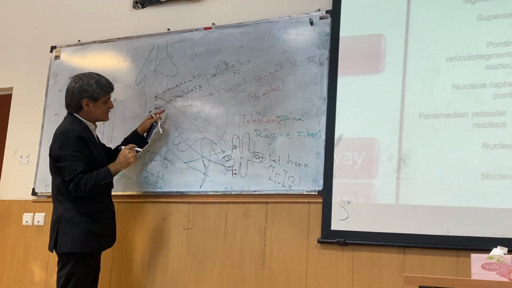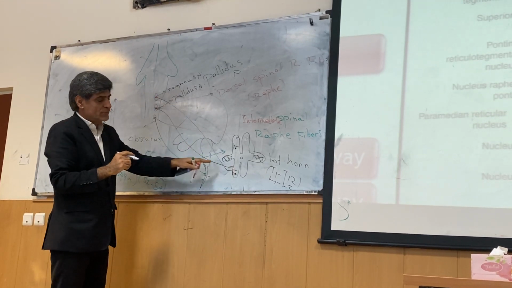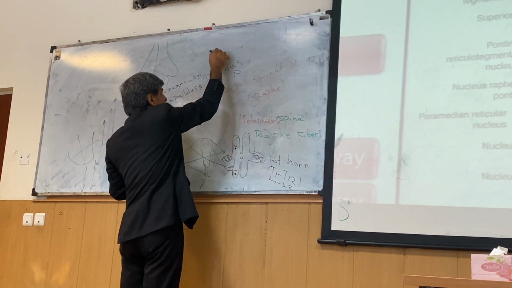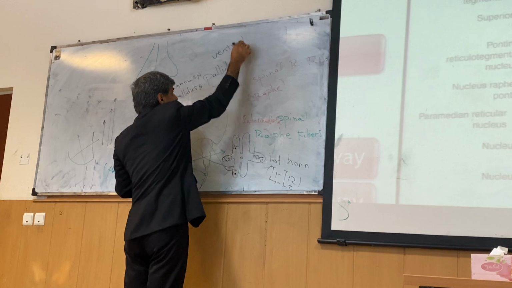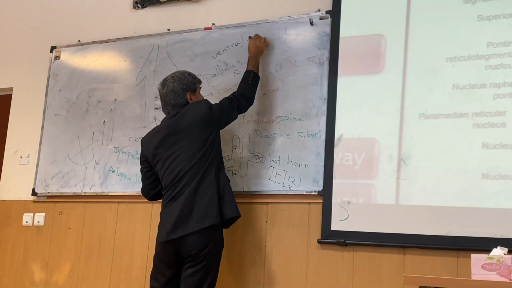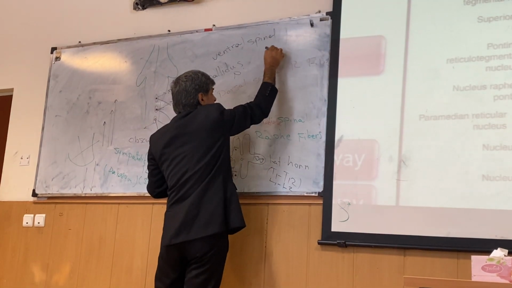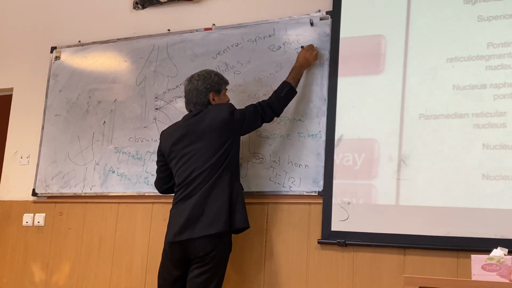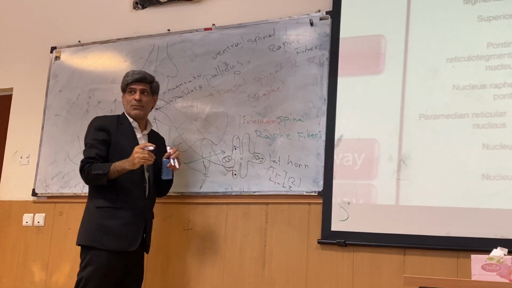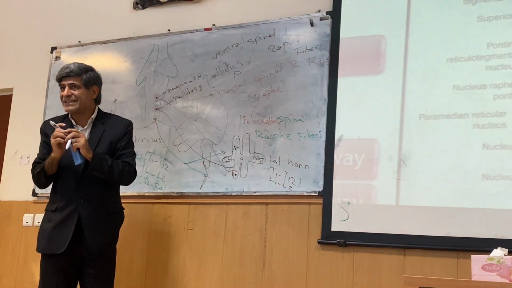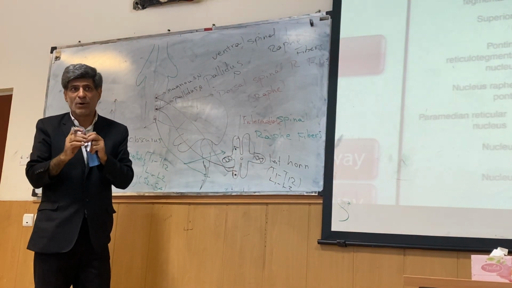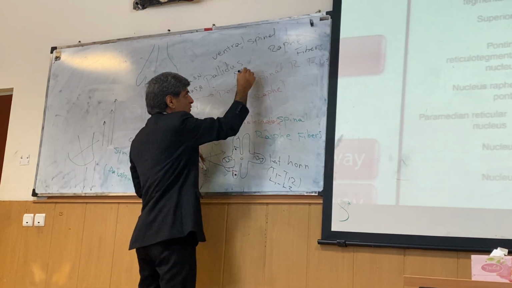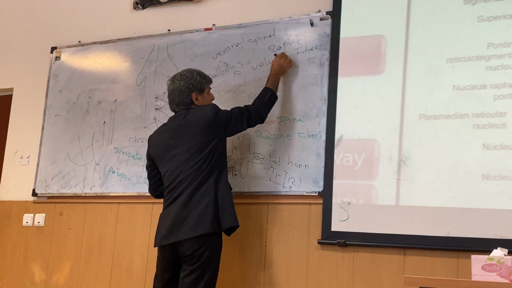Magnus nucleus, formation from ventral spinal raphe fibers. Function of the movement of activity or voluntary movement. Control of voluntary movement. Magnus.